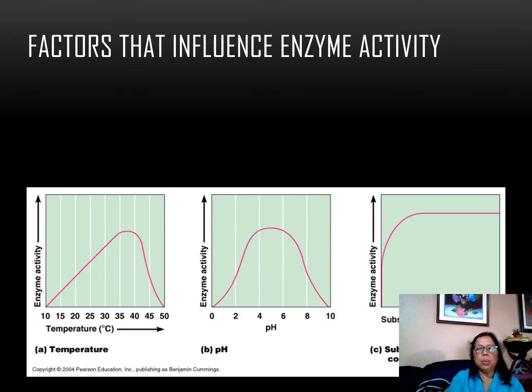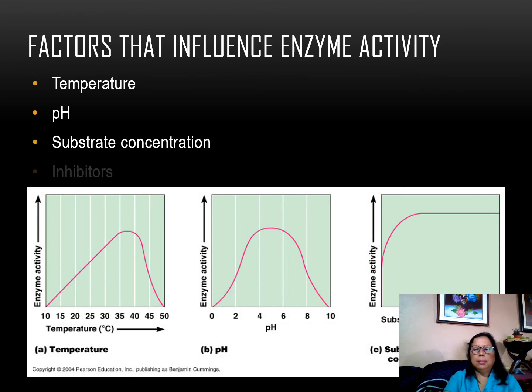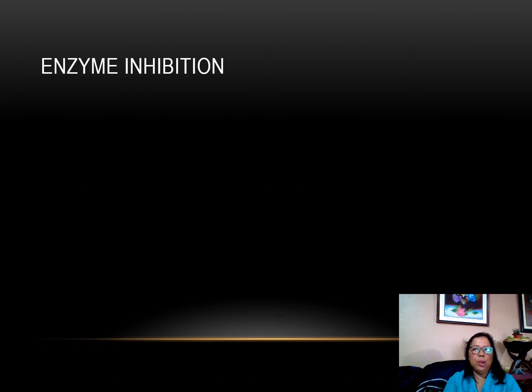This is also true with the substrate. There's always a peak that influences the activity of the enzyme. So you have temperature, the pH, the substrate concentration, and of course we have the inhibition.